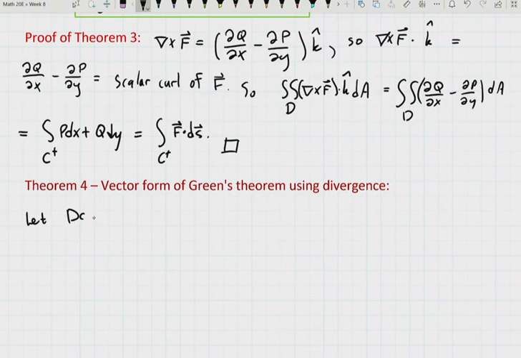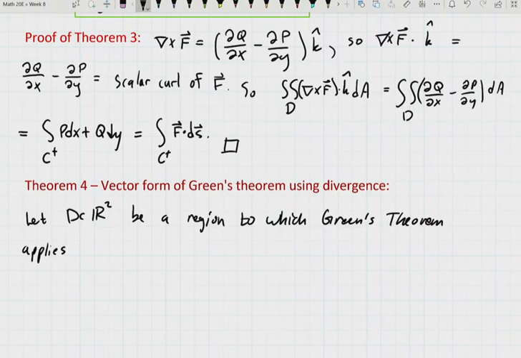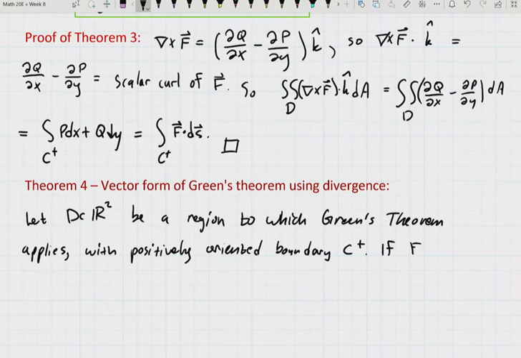How about if we let D in R2 be a region to which Green's theorem applies, as usual with positively oriented boundary C plus, and F is P i hat plus Q j hat, a vector field on D.